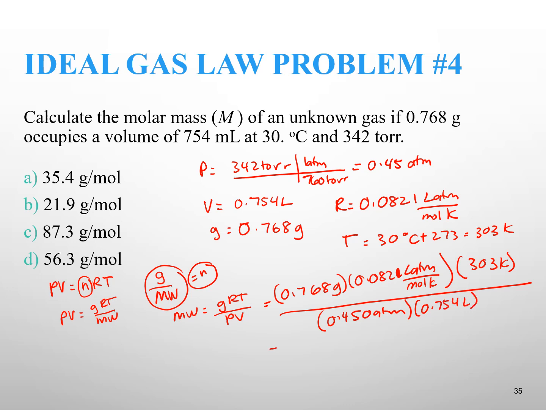We'll end up keeping 3 significant figures in our answer. You put this in your calculator, and you will get 56.3. So our answer would be D here.